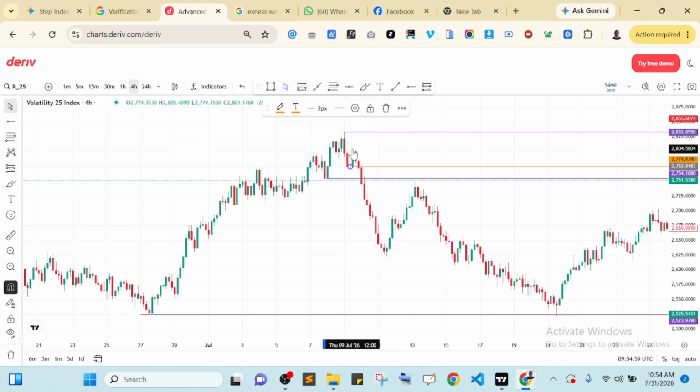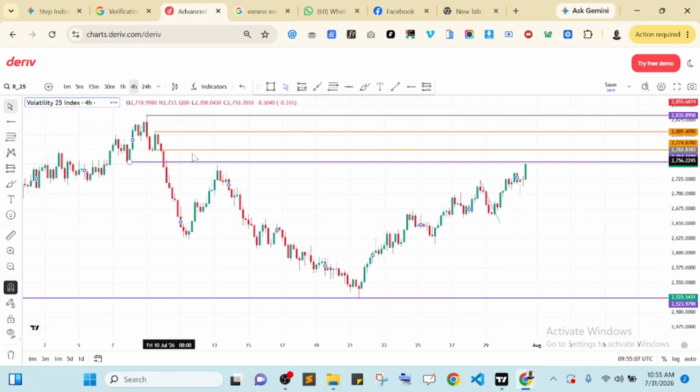This candle. So I'm expecting this market to get to this region before I will start looking for entry.